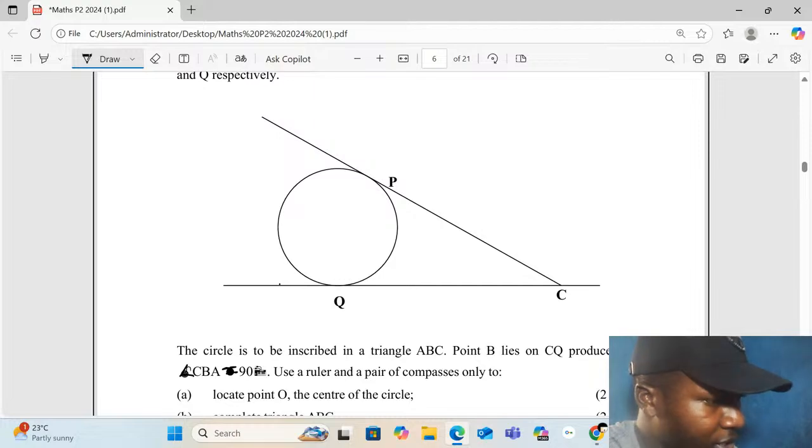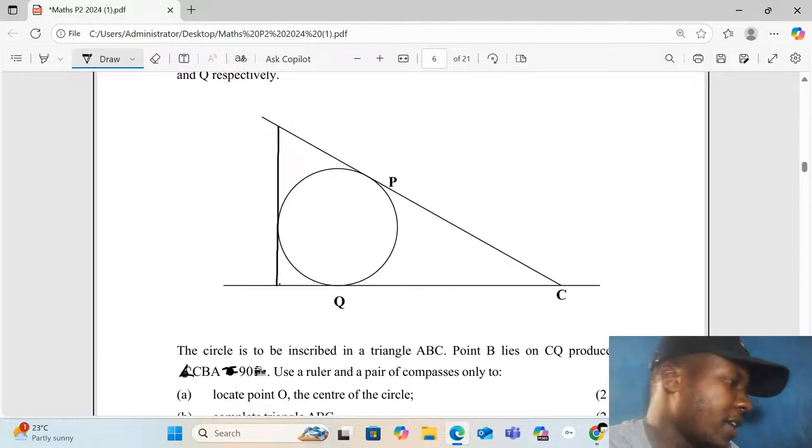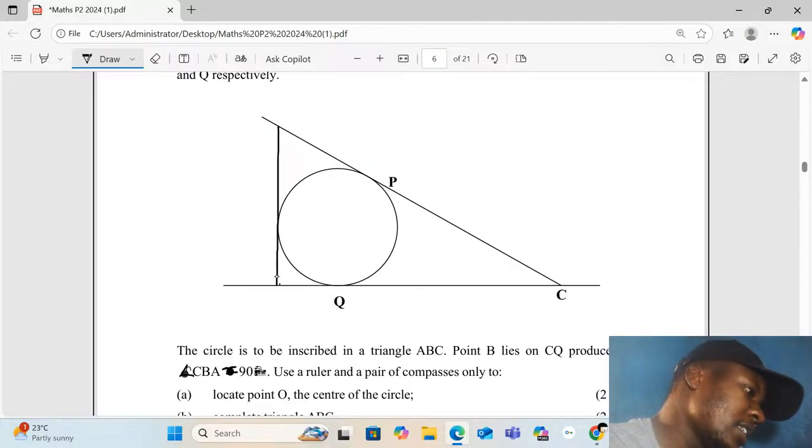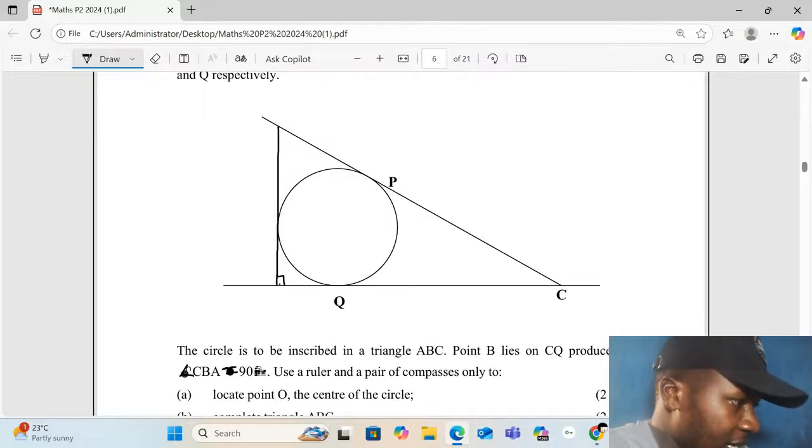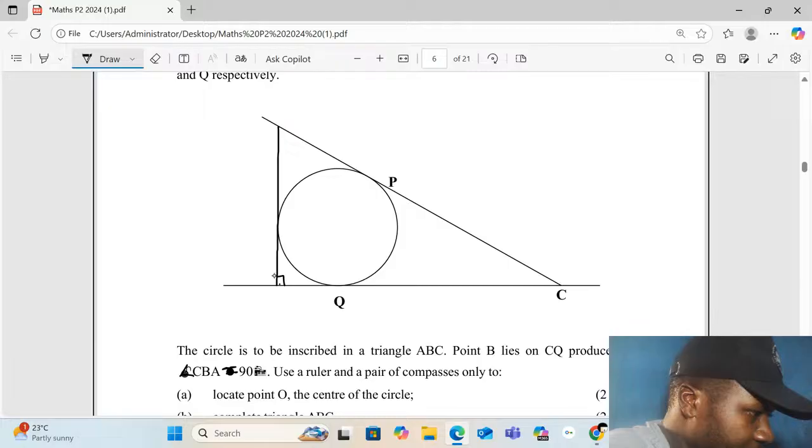Remember to use a ruler and a pair of compasses only. We all know how we can construct 90 degrees. I can't draw it on my screen, I'm just going to show you how to do this. Therefore, 90 degrees, that one will be point B.